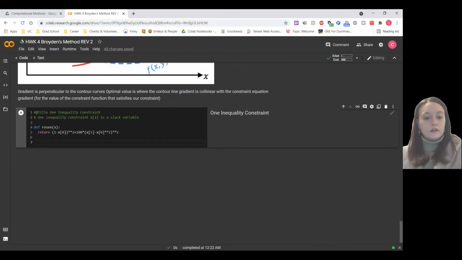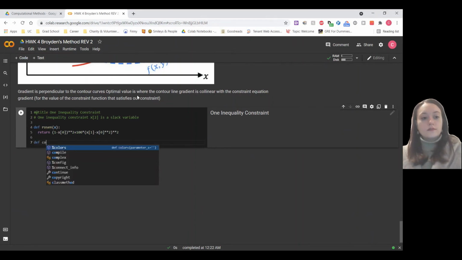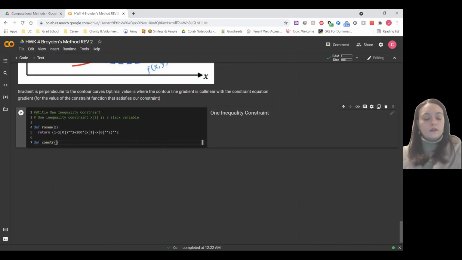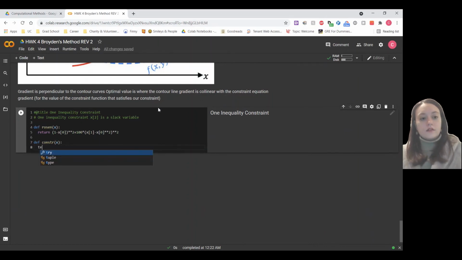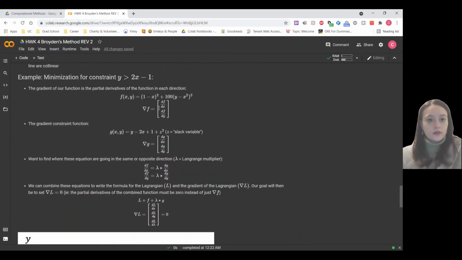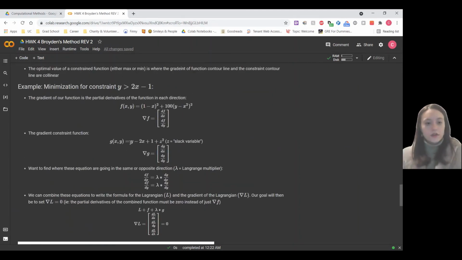Okay, next thing. So now that we have our value for our Rosen function, we want to make sure we have our constraint. In this case, we're using our equation from up here for g of x and y.